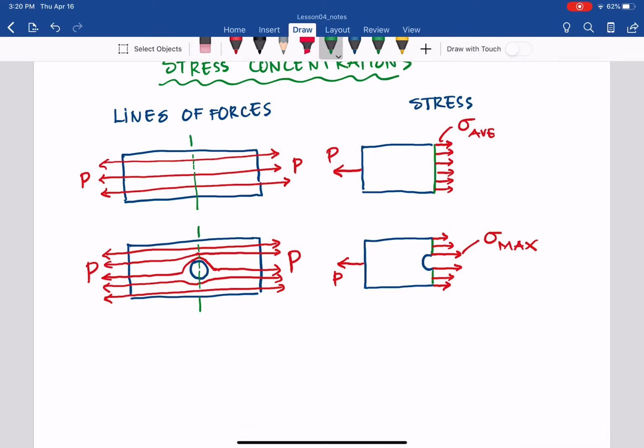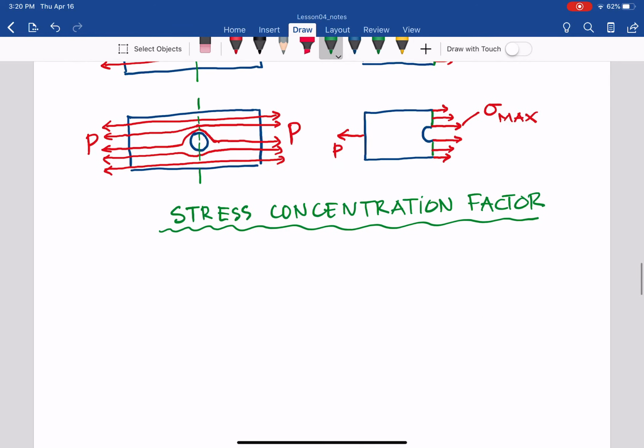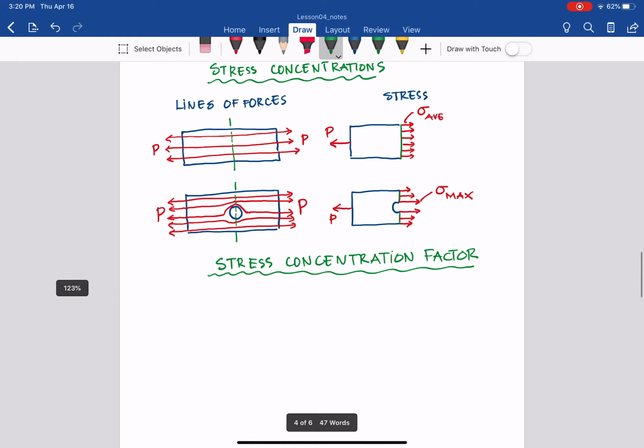Stress concentration factor. So what does that mean? We have sigma max. We know sigma average.